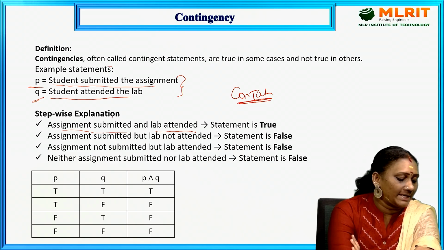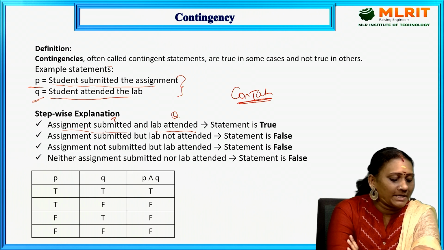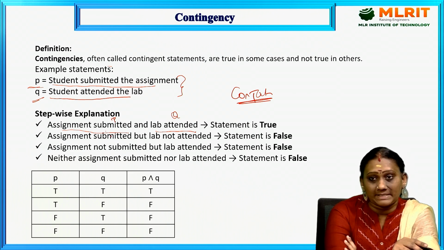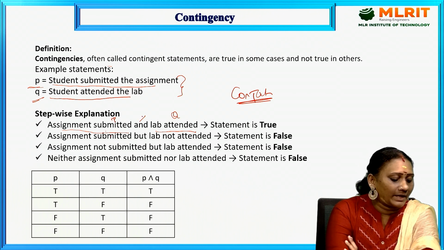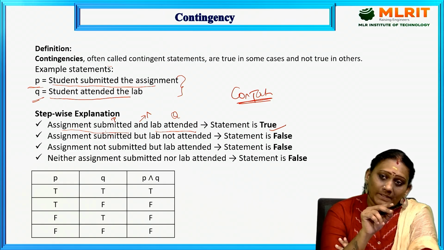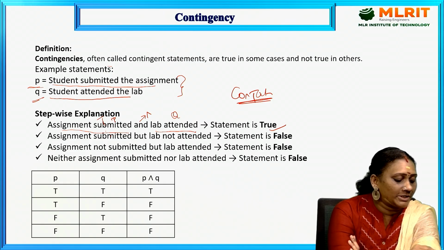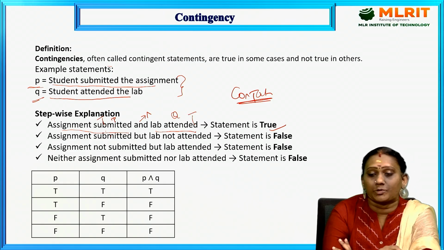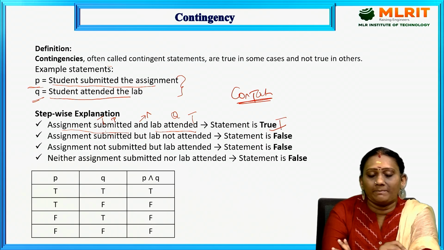The first statement is P and the second is Q. P is assignment submitted, and I apply conjunction with lab attended. This statement is true because the first statement value is true and the second statement value is true, so the output will be true.